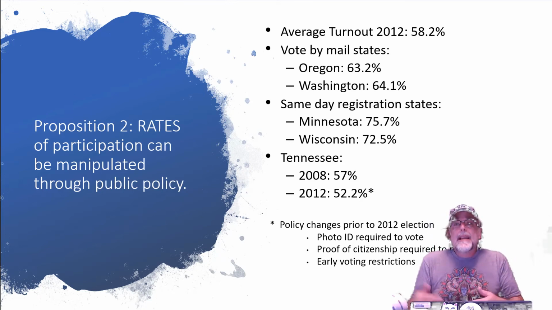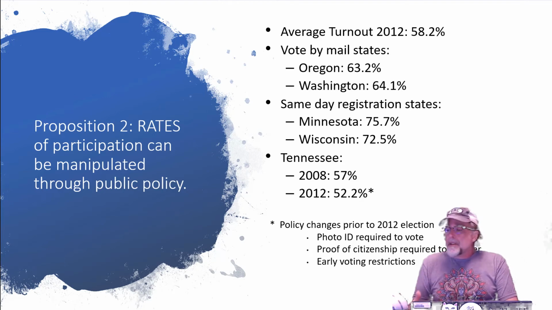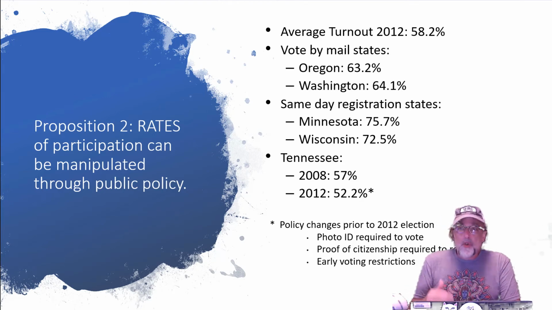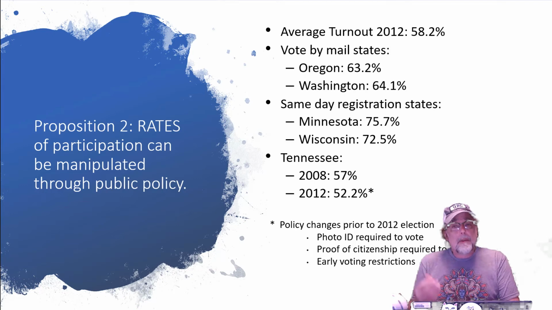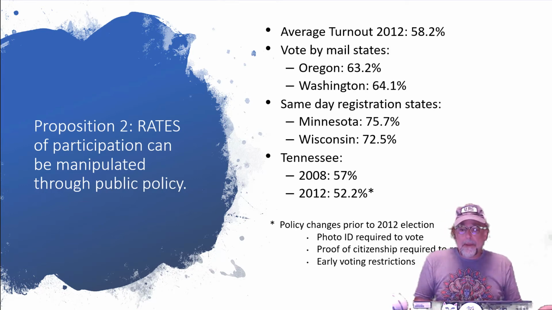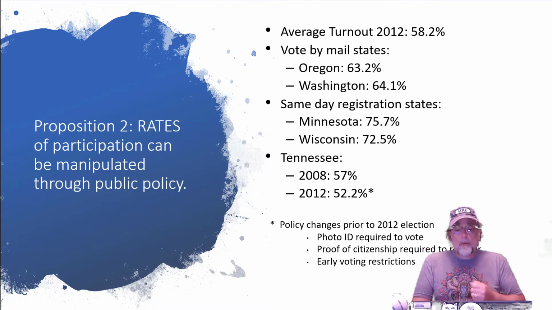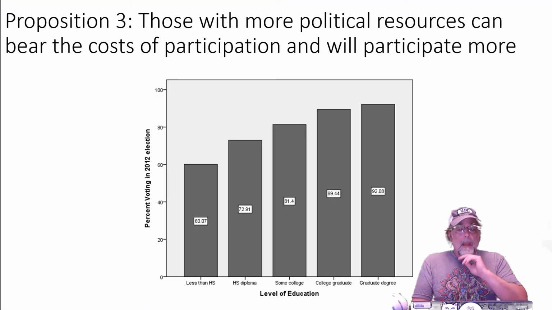By putting into place these various barriers, Tennessee was able to drive down the rate of participation, presumably because they wanted some people to vote and not other people to vote. We don't know exactly what their plan was.